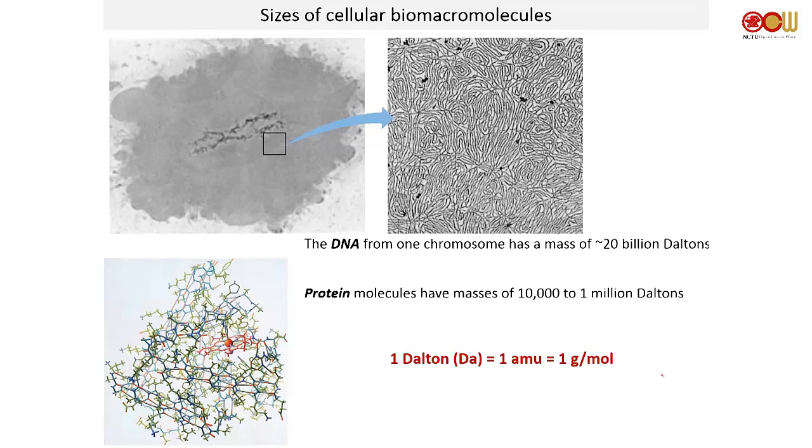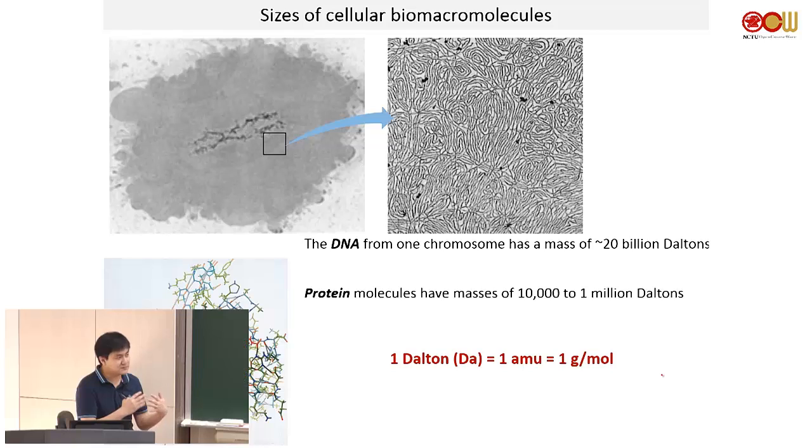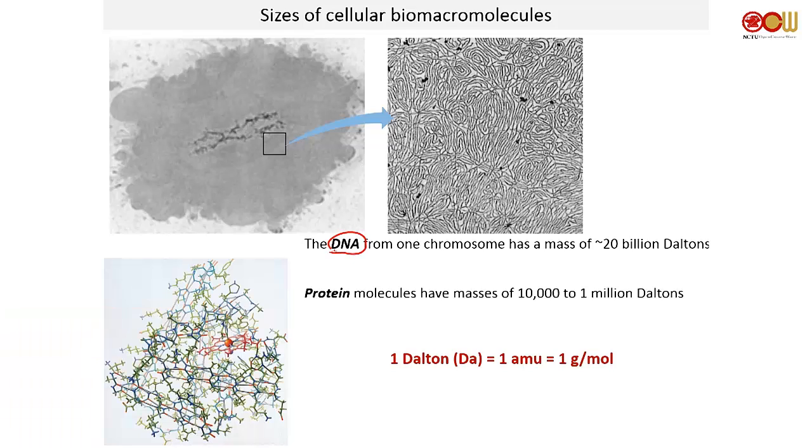A lot of times in biochemistry, what you notice is that sometimes we don't have the same numbering system or the same nomenclature as organic chemists. But in general, this is what we're going to talk about in terms of biochemistry. DNA from one chromosome has a mass of about 20 billion daltons.